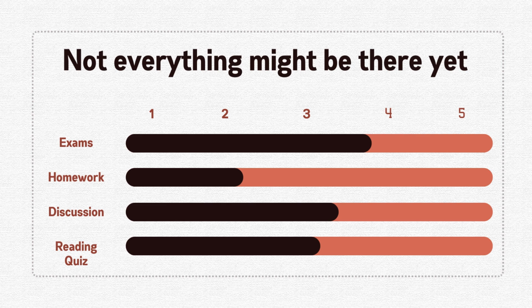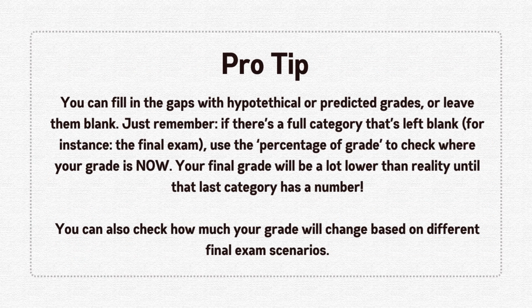That's okay. Just know that there are 2 numbers at the top. There is total percentage of total possible points now, and then there's final grade. So final grade will not be accurate, as it says on this slide, until everything is filled in, every column has something filled in. But the percentage of total possible points is your current grade in the class.